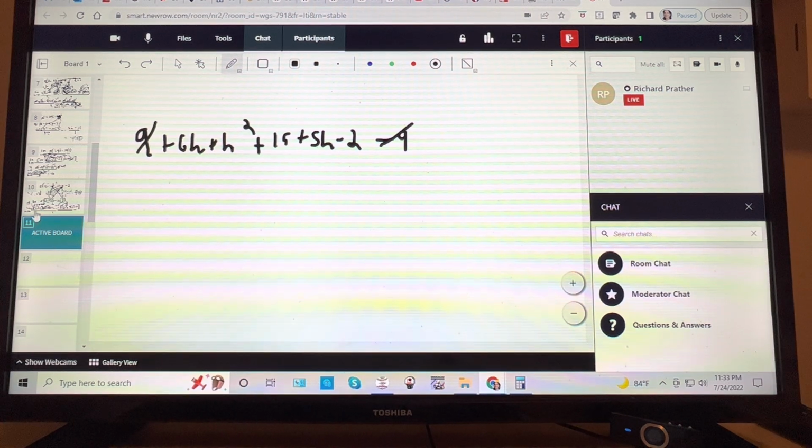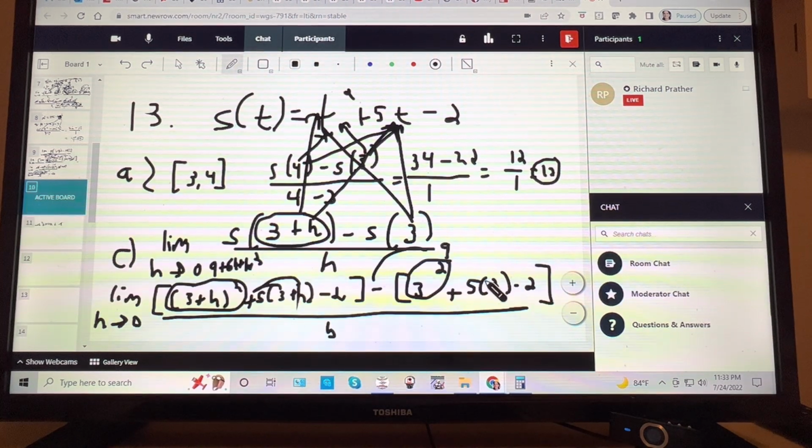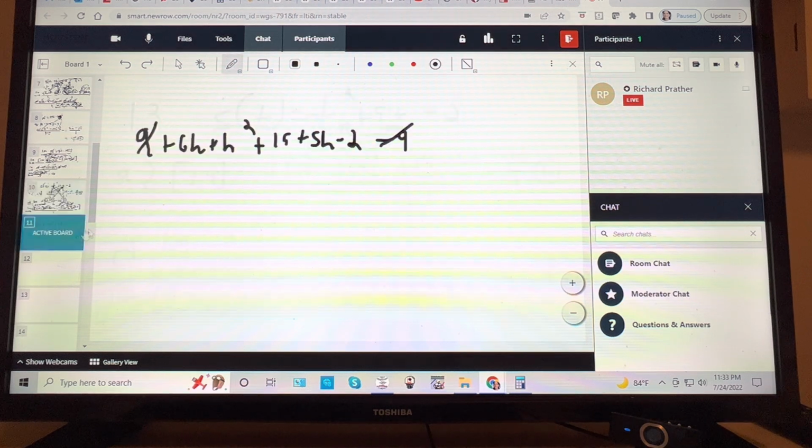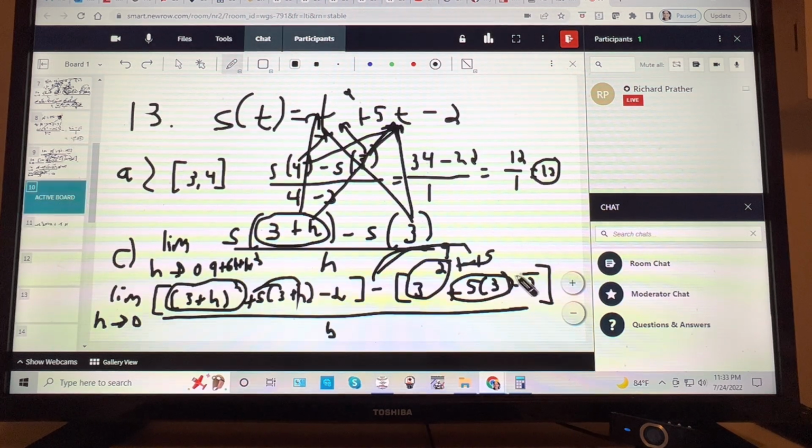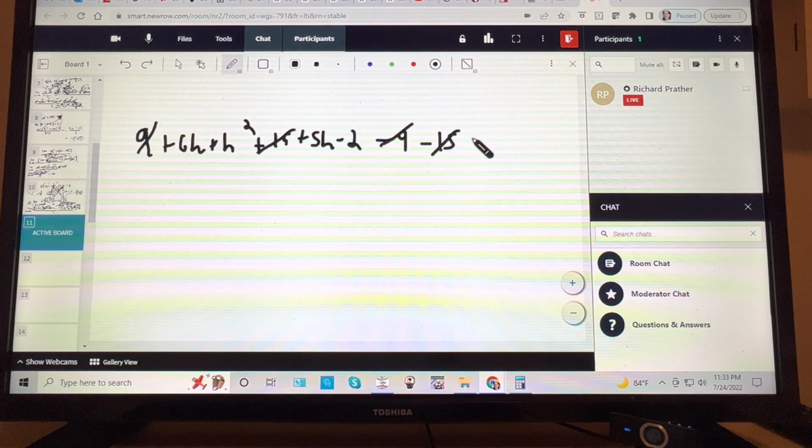Yep. 5 times 3 is positive 15 in the bracket, but then you put the negative on it and make it negative 15. And then it should cancel with positive 15. Yep. And this negative 2 in here, when you put the negative on it, it'll switch to positive 2. And there should be a negative 2 to cancel it.